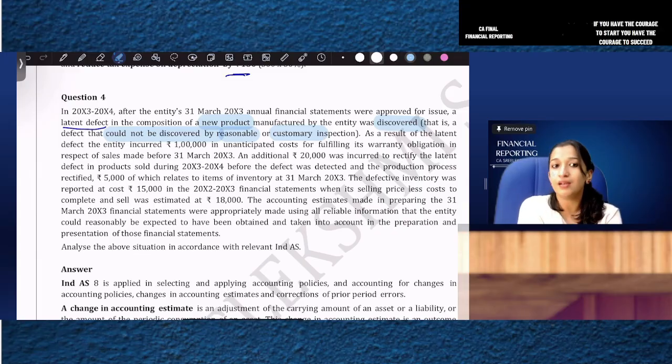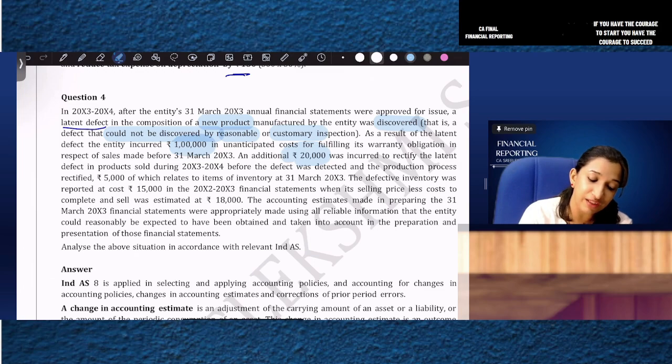It's a hidden defect. As a result of this latent defect, the entity incurred 1 lakh in unanticipated cost for fulfilling its warranty obligation. In respect of sales made before 2013, an additional 20,000 was incurred to rectify the latent defect in products sold during 13-14.